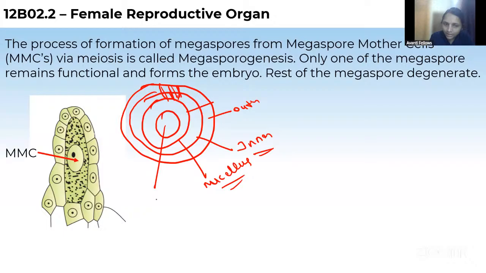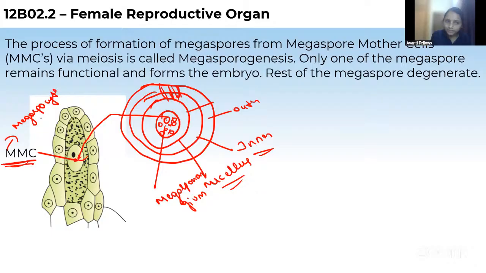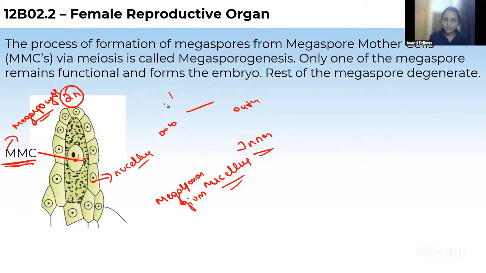Inside this, the megasporangium is there, and inside it there are so many cells. Here, one of the cells gets differentiated into the megaspore mother cell or megasporocyte. That is diploid. Did you understand this? Where does it come from? These all are nucellus. Did you understand this, guys?